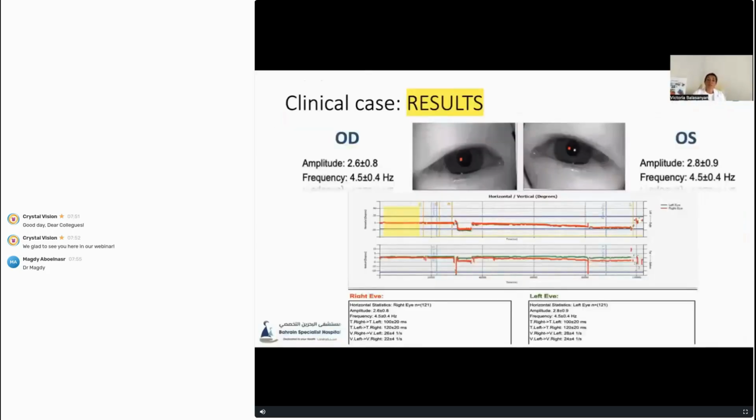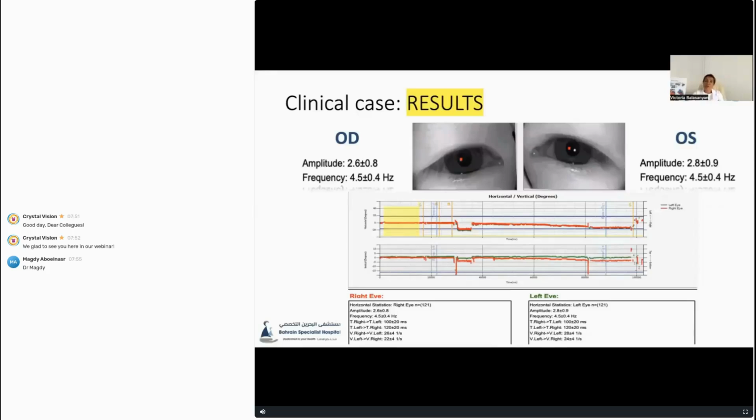This is further confirmed by nystagmography, where in the primary gaze position, nystagmoid movements are recorded, but now at a minimal amplitude of 2.5 degrees. Previously, as you remember, it was 10 times higher.